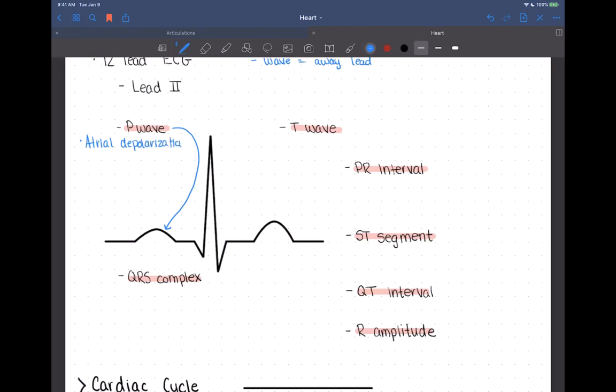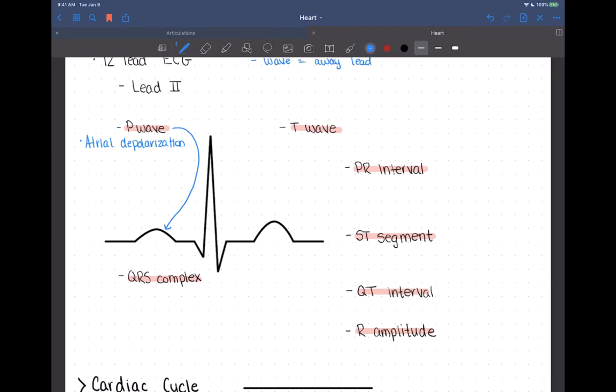Make sure you understand that. I'm saying atrial depolarization, not atrial contraction, because here we are looking at electrical activity. Although when the atria depolarize the heart generally follows shortly after by contracting, we are only looking at electrical activity.